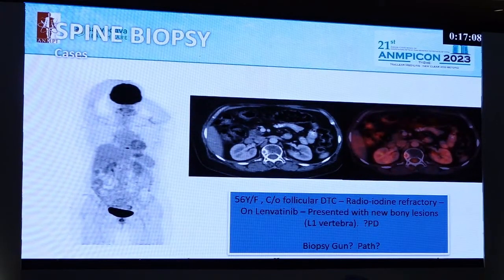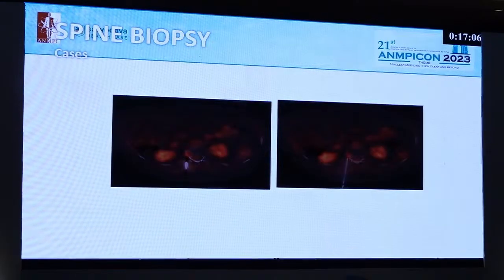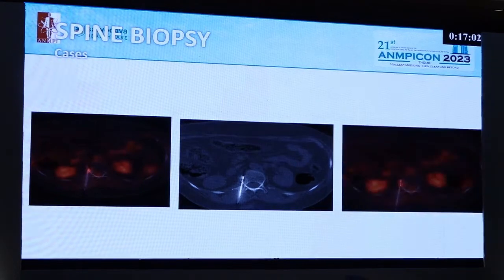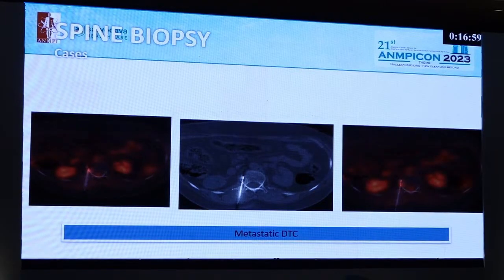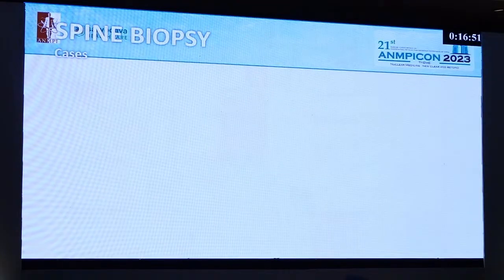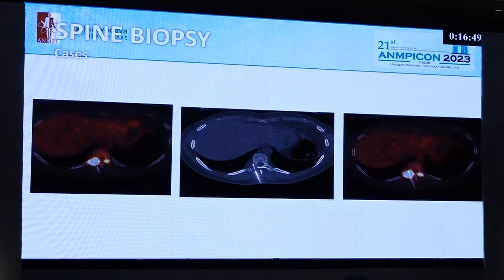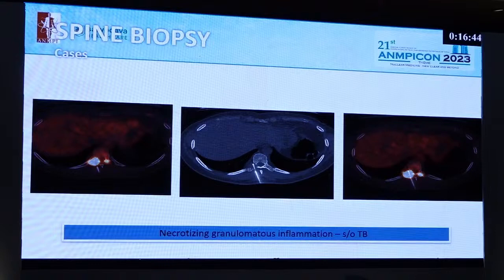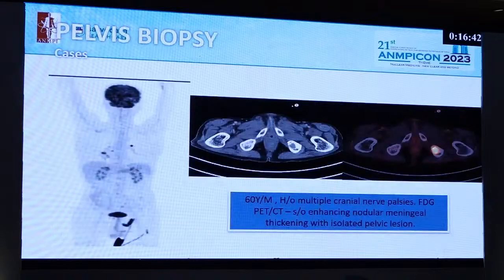In this case, we used the extrapedicular approach from the right lateral side, and the sample turned out to be metastatic differentiated thyroid carcinoma in a thyroid cancer patient. If there is a soft tissue component, we use the soft tissue biopsy gun additionally. In this lesion, it turned out to be necrotizing granulomatous inflammation.